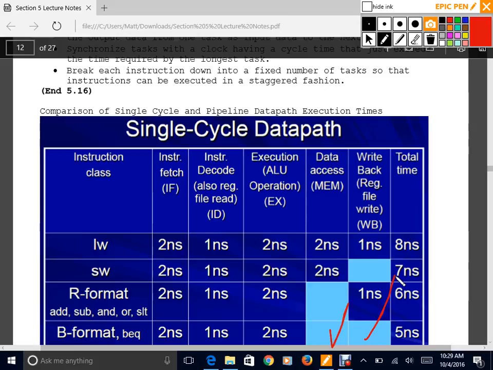What happens is you're getting read data 1, right? And you're getting read data 2. And those are both going to your ALU to do your comparison. Your sign extended 16-bit value is coming up here, and it's going to be added with the PC plus 4, right?